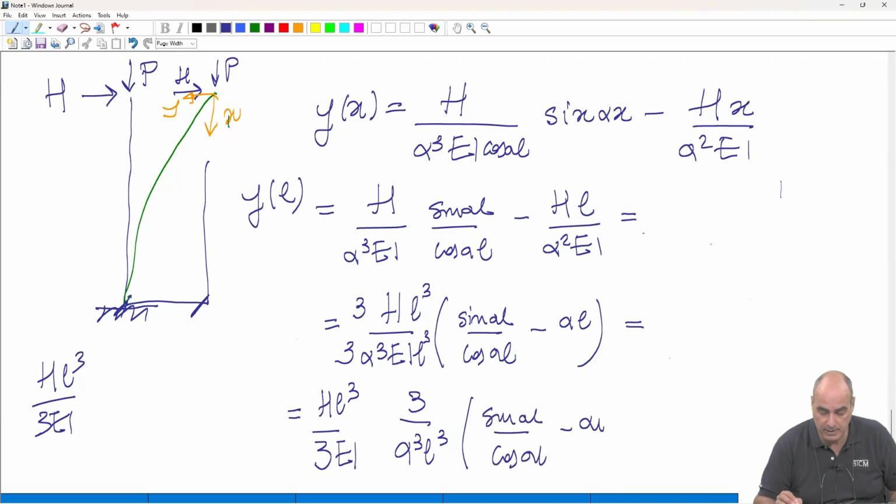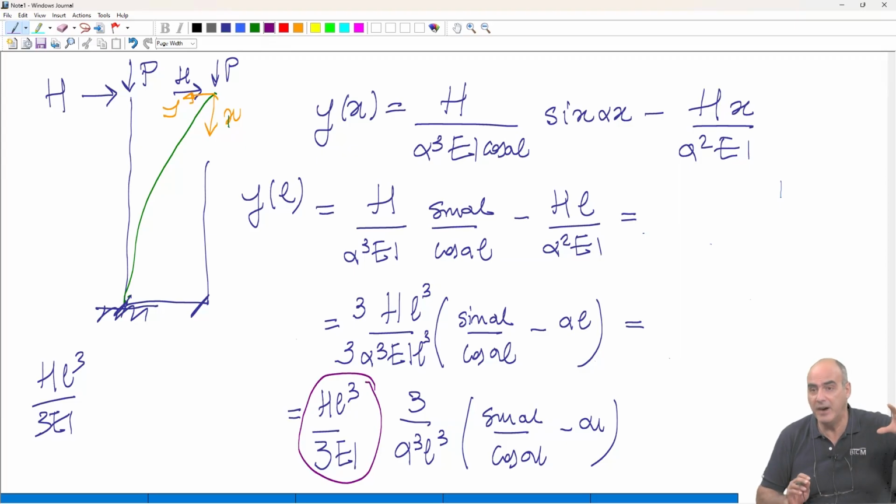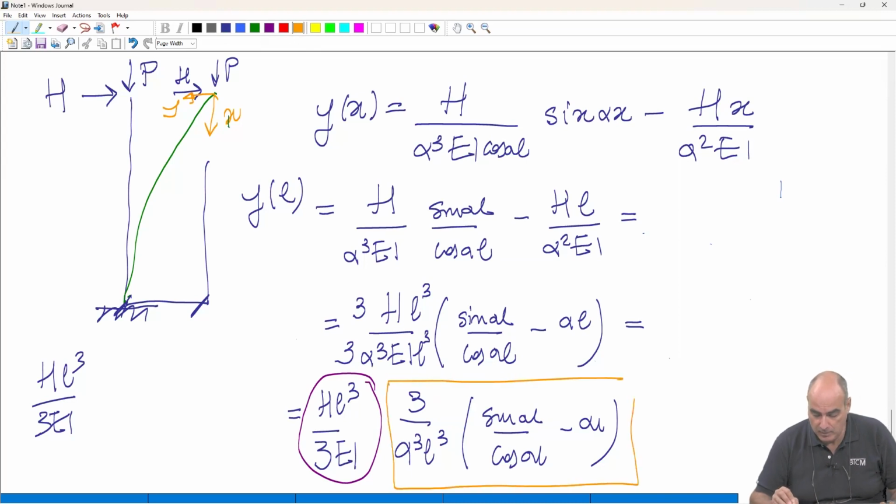So actually what has come out is that the displacement we can express as the first order part multiplied by this. This is an amplification factor.